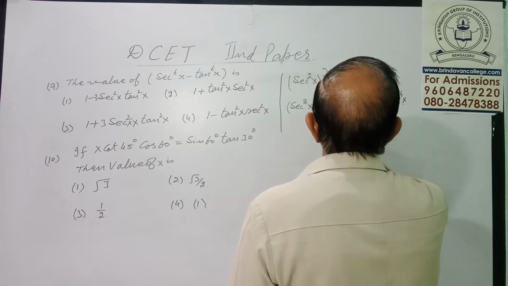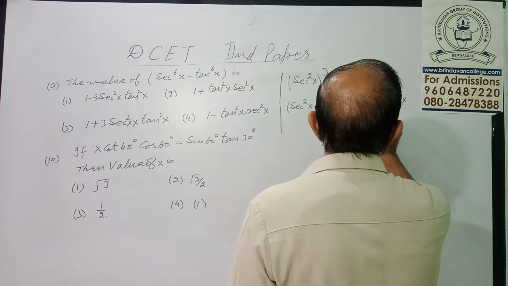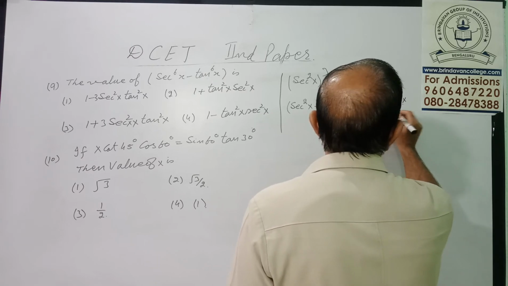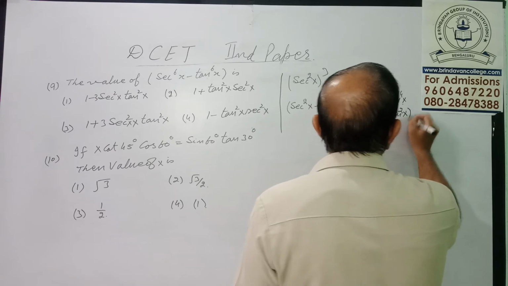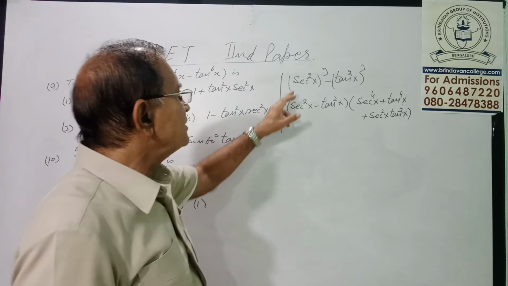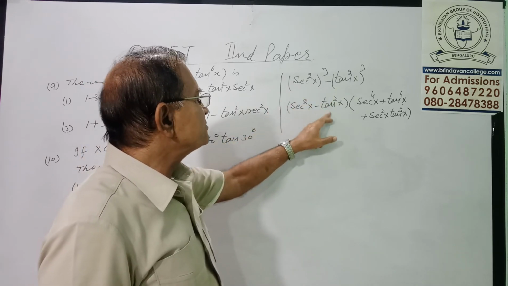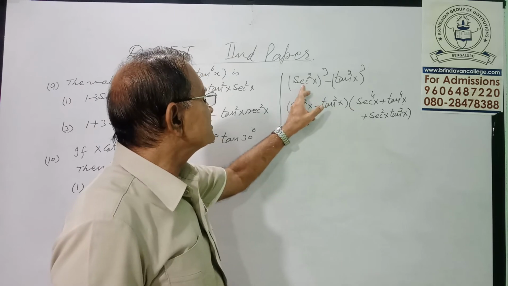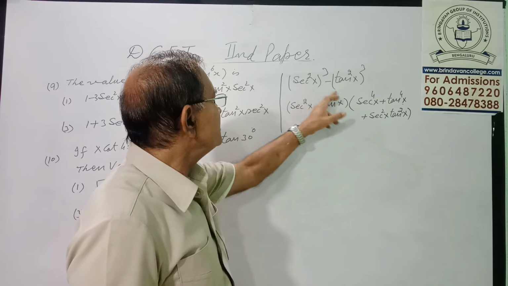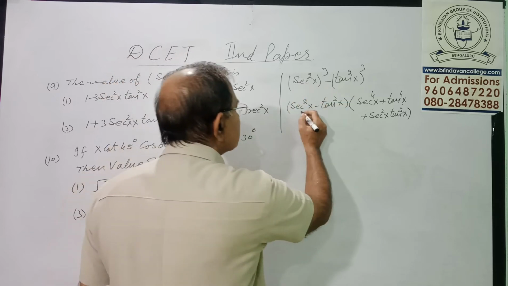Then here it is minus, so we have to put plus sign, plus ab, that is secant square x, tan square x. This is the identity we will use. See the identity. You have to learn this identity. a cube minus b cube is a minus b into a square means secant 4x plus b square means tan 4x plus ab means secant square and tan square. Then we know this identity is 1.